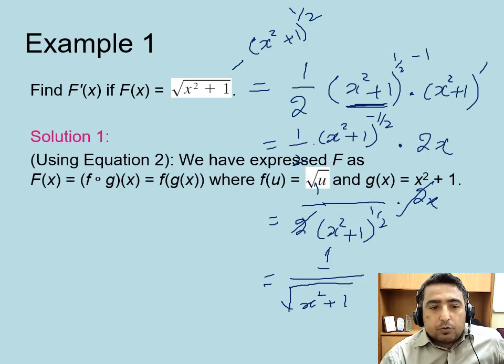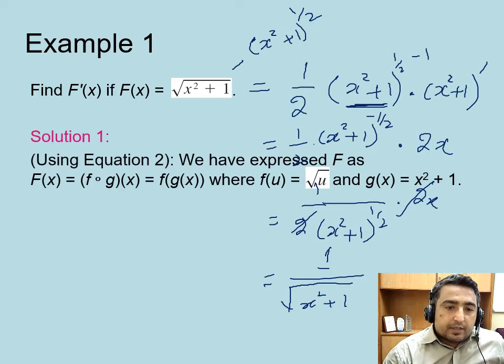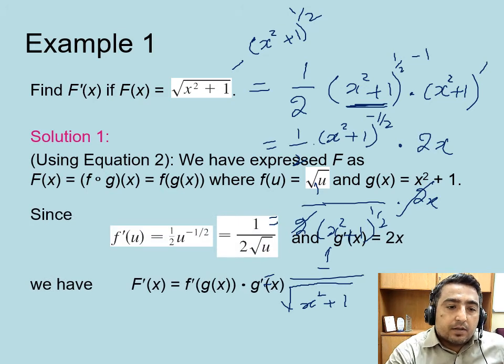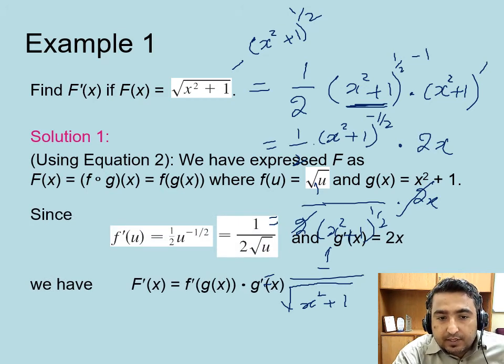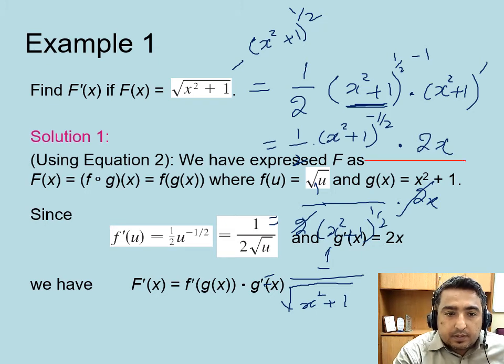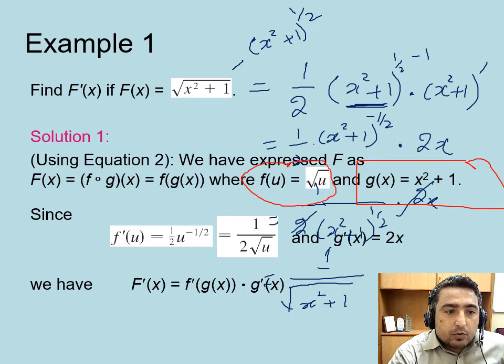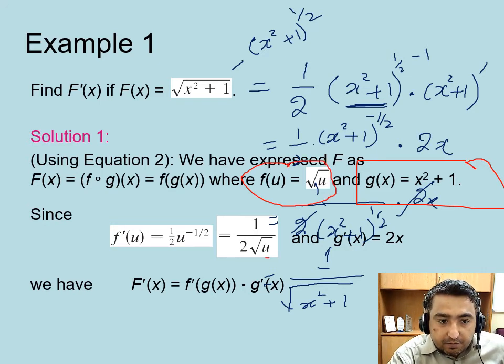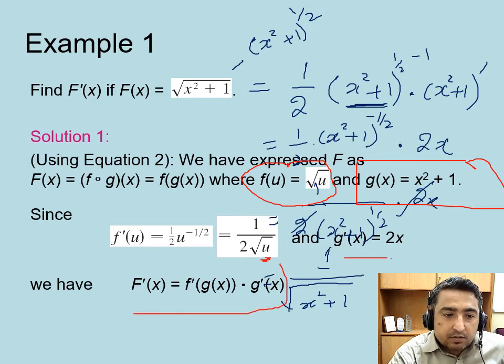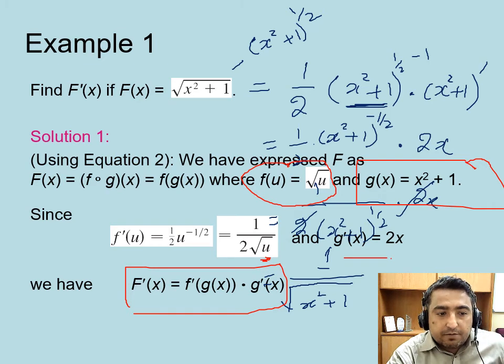So this is how you do it, and if you want to write it in a formal way, compare with f and g. So g is x square plus 1, this is your g, and this is f, which involves u. So you find the derivative with respect to u and then the derivative of u with respect to x, and this is the chain rule formula in different notation.